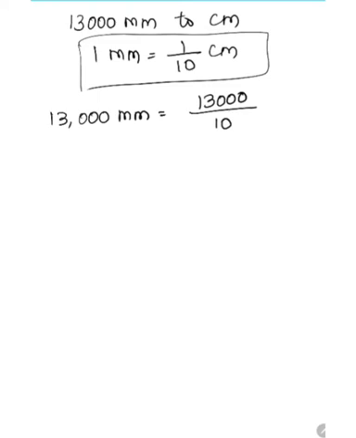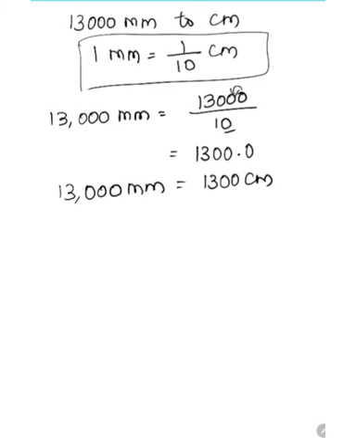Here is 1 0, so put the point after there. So 1300.0 is nothing but 1300 centimeter. So 13,000 millimeter is equal to 1300 centimeter.